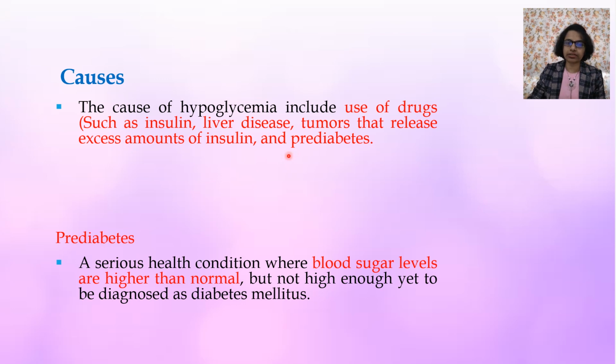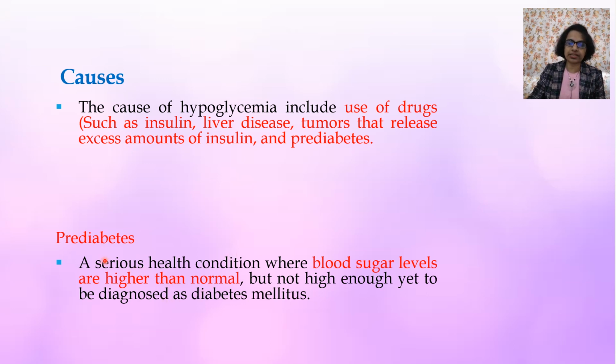Another cause may be pre-diabetes. What do we mean by pre-diabetes? It is a serious health condition where blood sugar levels are higher than normal. We have discussed the fasting blood glucose level, which the patient has to maintain at 70 to 100 or 70 to 110 milligram per deciliter.